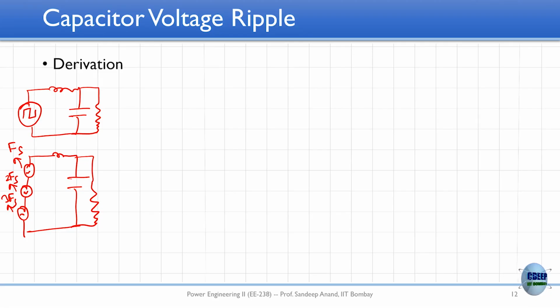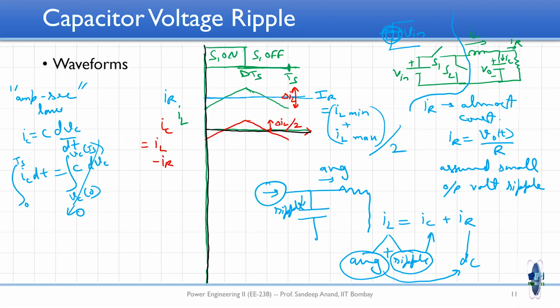Okay, let's come back, and I would request you to draw one more waveform, right? That would be the last waveform for today, and then we'll do the derivation. So just draw the last waveform for today.